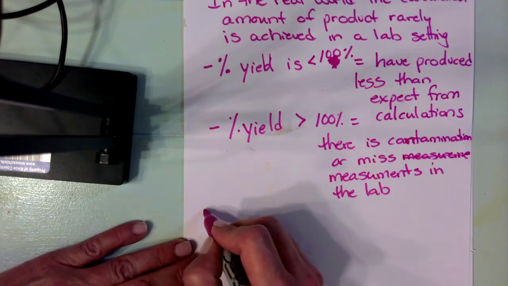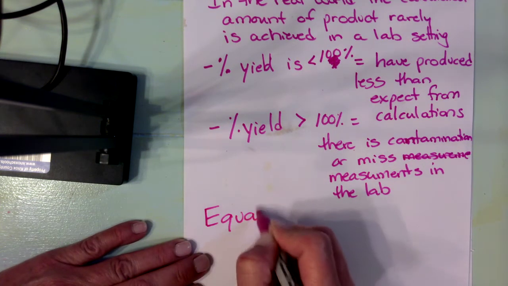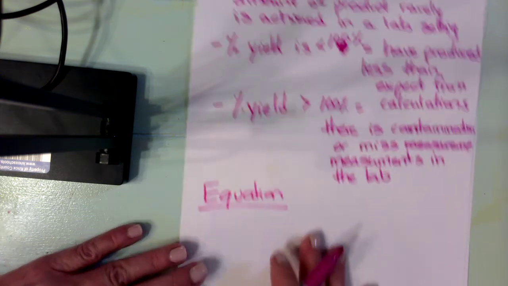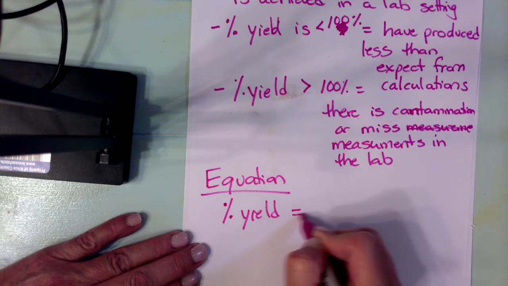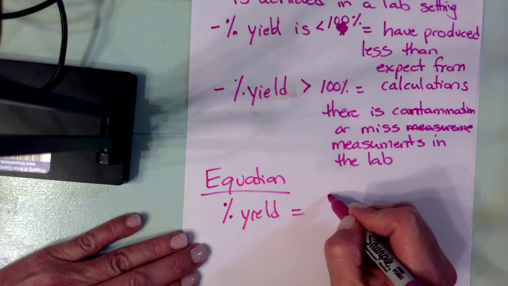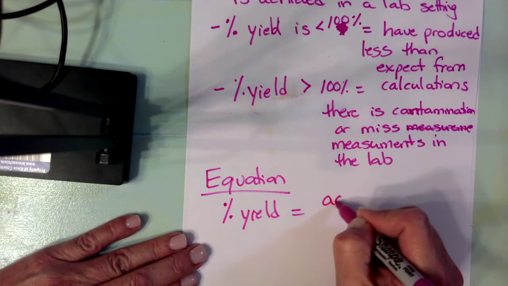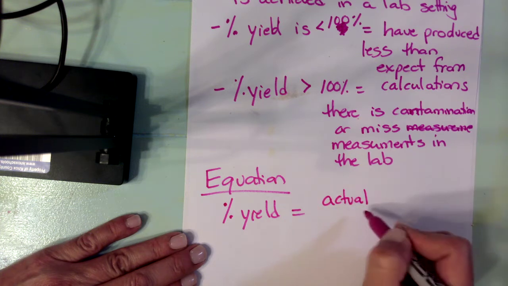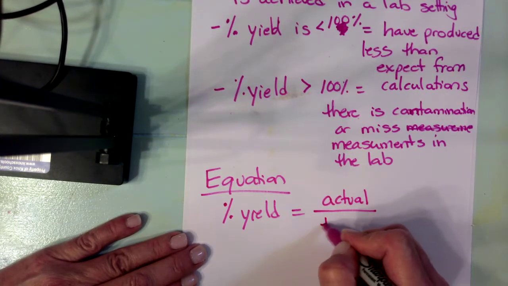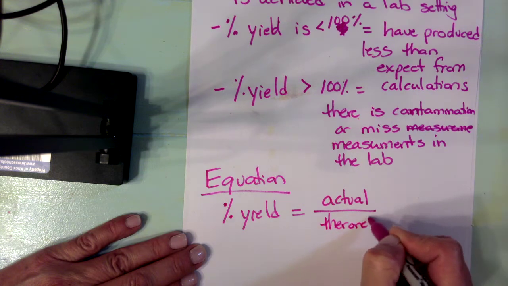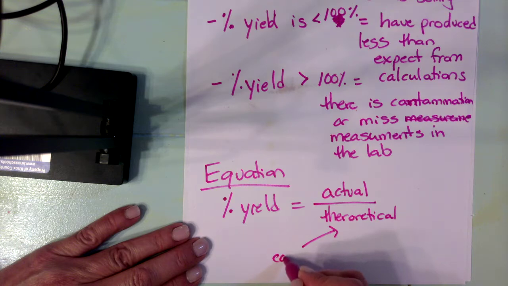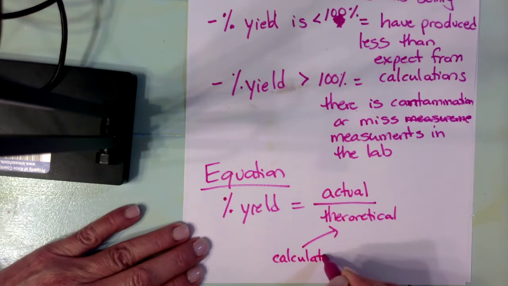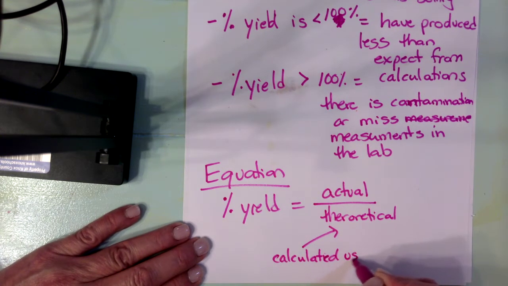So what is the equation? Our equation for percent yield is known as actual, so what we get in the lab, divided by theoretical, which is just a fancy word for saying calculated using stoichiometry.